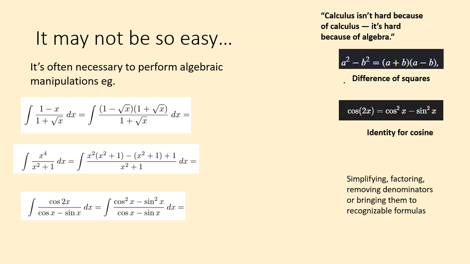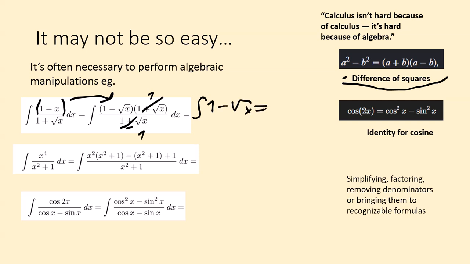The first example applies an algebraic identity, the difference of squares. You can see that this expression was rewritten as that one in the numerator in order to get rid of this denominator. So now we can simplify. 1 plus x will be cancelled out, it will be 1, so you will only have the integral of 1 minus square root x.